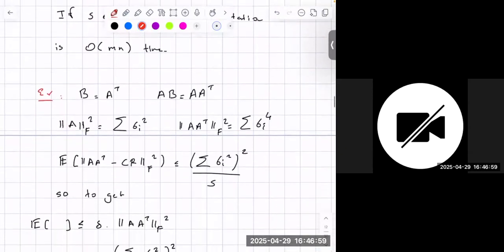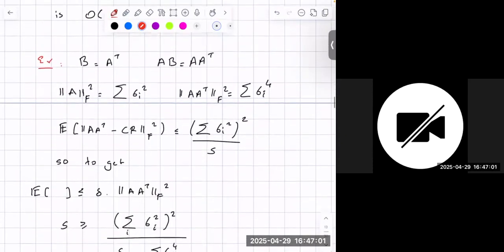So a quick example, let's say I am trying to multiply my matrix with its transpose, say. Okay, B is literally A transpose. And then the norm of that matrix is summation of squares of singular values. And then the norm of this AA transpose comes out as apparently singular values raised to the power 4.